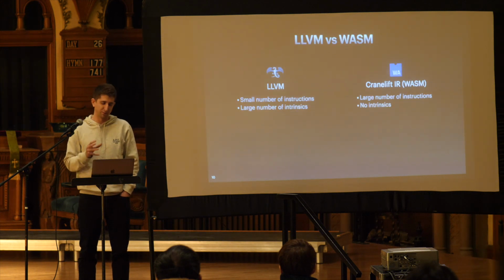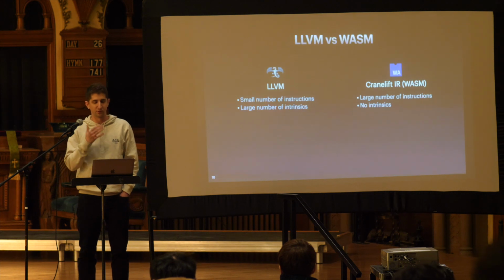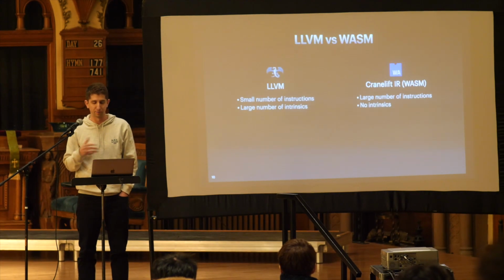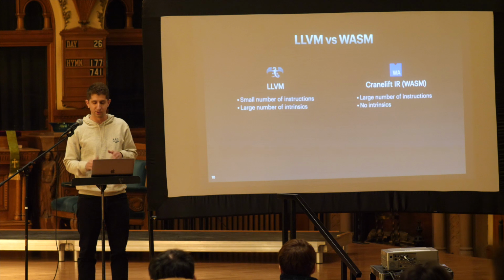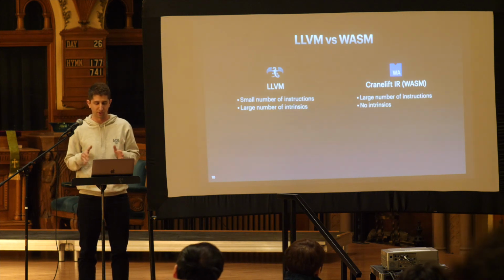There are what are called function intrinsics, things like multiplication of two 64-bit integers or 128-bit integers. LLVM has custom intrinsics that show up in the code to represent these instructions. The WASM IRs are a bit simpler. They don't have these, so you just need to deal with instructions. It's more streamlined.